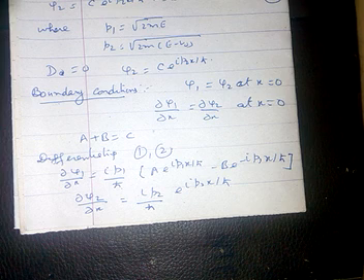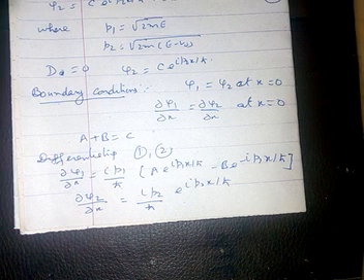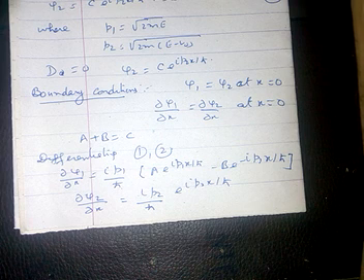Here psi1 and psi2 are the wave functions for the first and second region respectively. A, B, C and D are constants and may be determined by the boundary conditions.